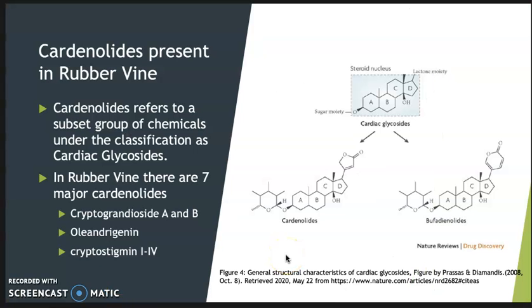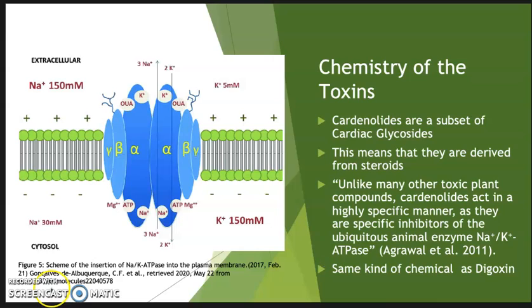Beyond simply identifying the compounds that are produced by rubber vine, very little additional research has been conducted. It has been discovered that the specific cardinalides in rubber vine are cryptograndiosides A and B, oleandrin, and cryptostigmin 1 through 4. Cardinalides are a subgroup of cardiac glycosides.